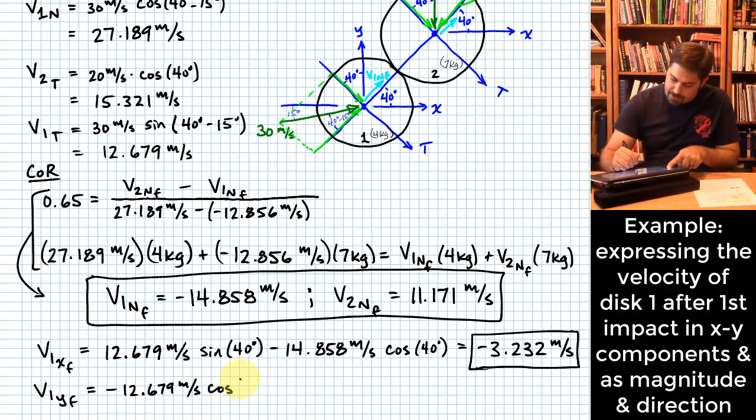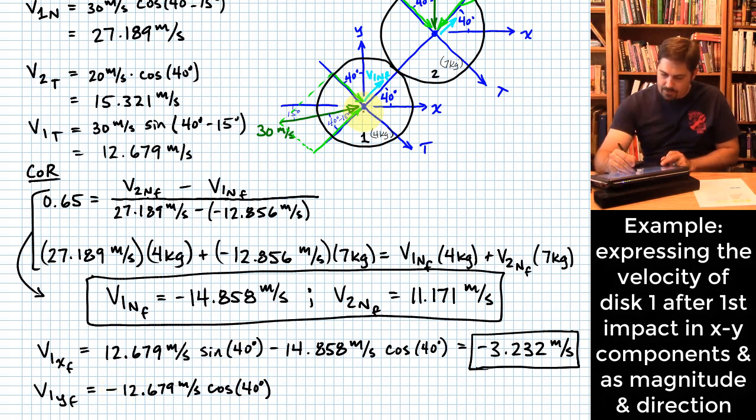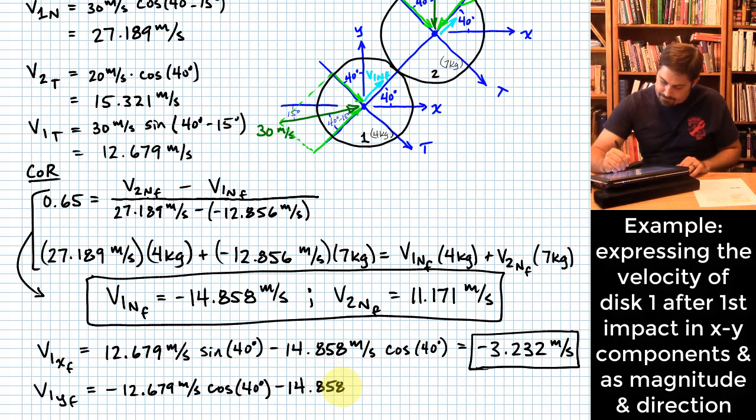Here I'm going to multiply by the cosine of 40 degrees, because that's the component that I want. It's adjacent right there. Then I look at what my new velocity is in the normal direction, and since it again points kind of downward there, it will be that negative value of 14.858 meters per second, and here we're going to multiply that by the sine of 40 degrees.